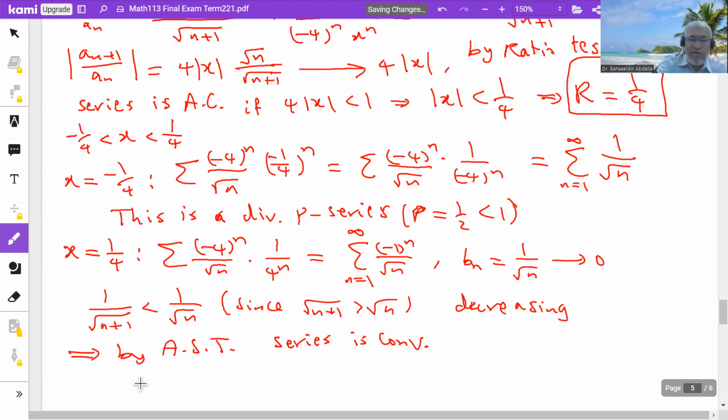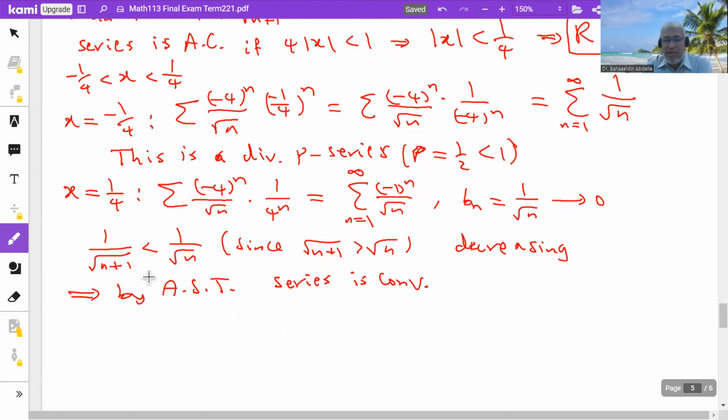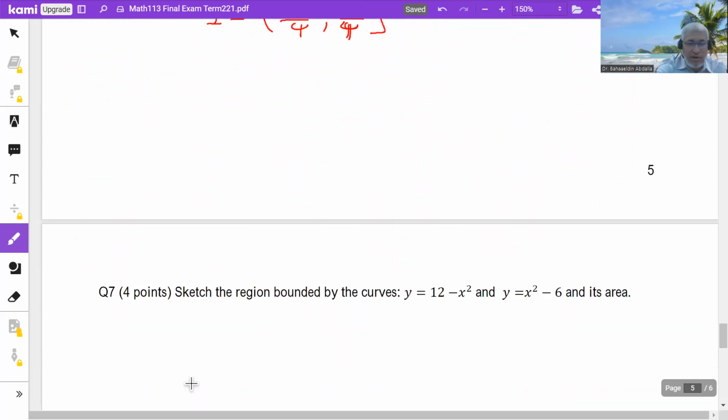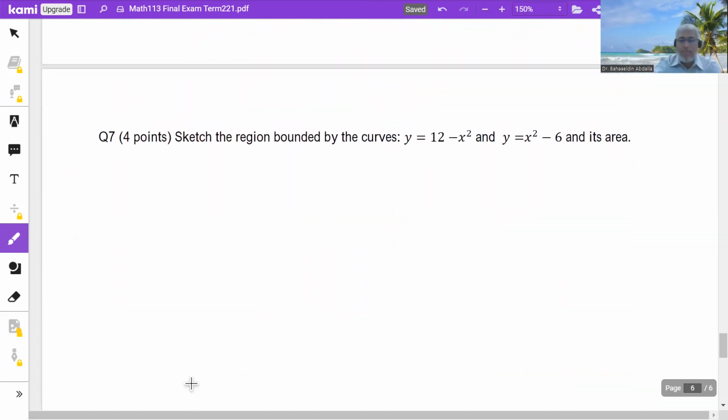So when x is 1 over 4, the series is convergent. When x is -1 over 4, the series is divergent. So the interval of convergence is from -1 over 4 to 1 over 4. At 1 over 4 it is convergent, so I close it. At -1 over 4 it is divergent, so I open it. And this would be the interval of convergence.